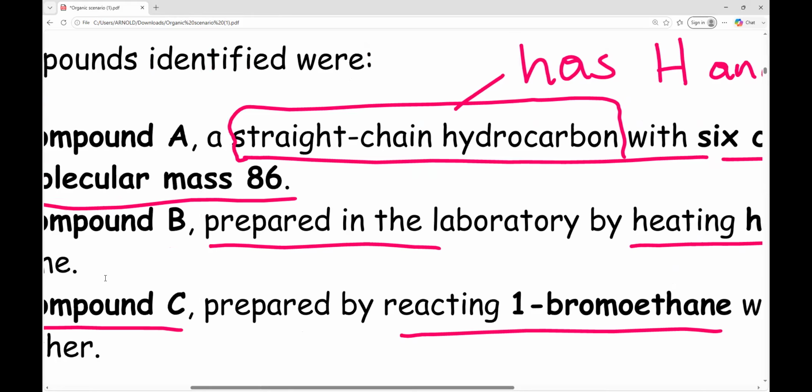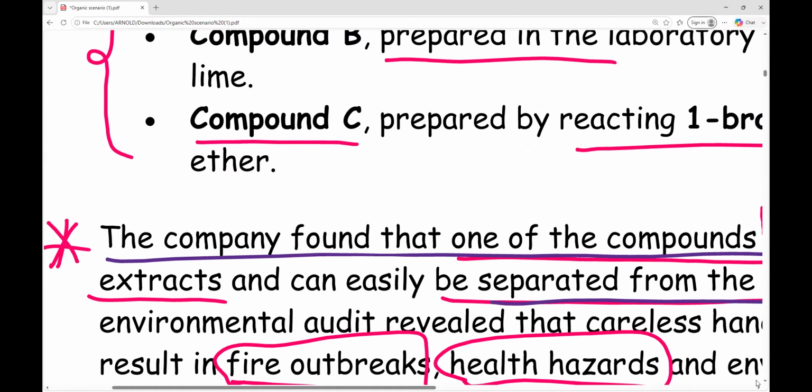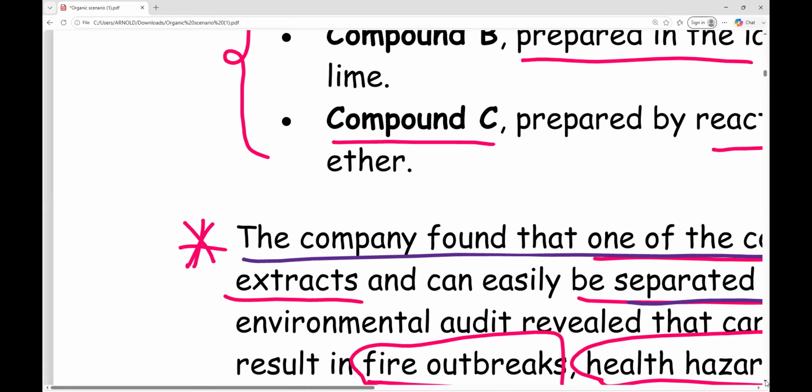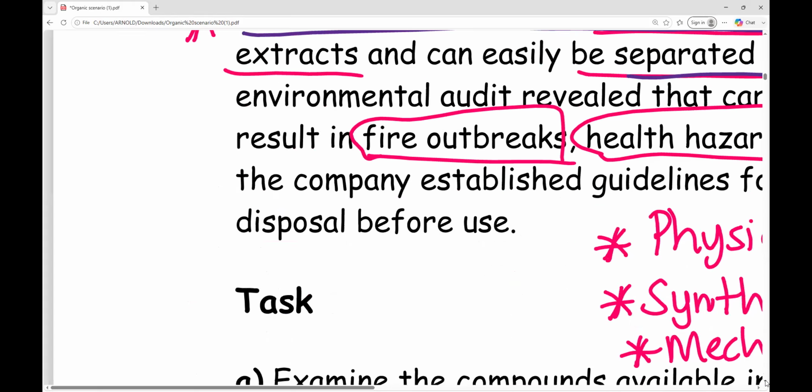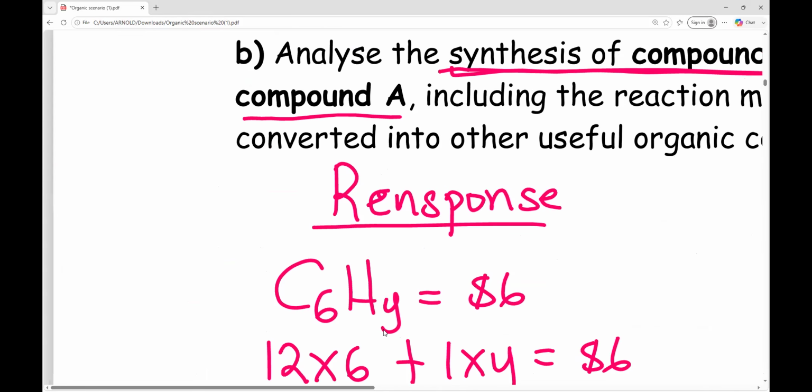Therefore, for compound A, this is what we are going to have. We have C6HY is equal to 86, provided maybe on the front page of the examination paper.